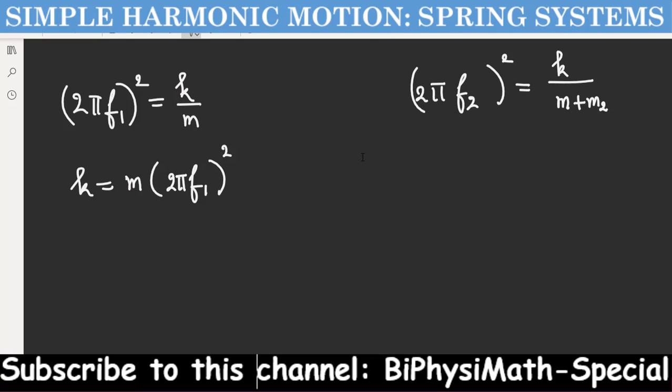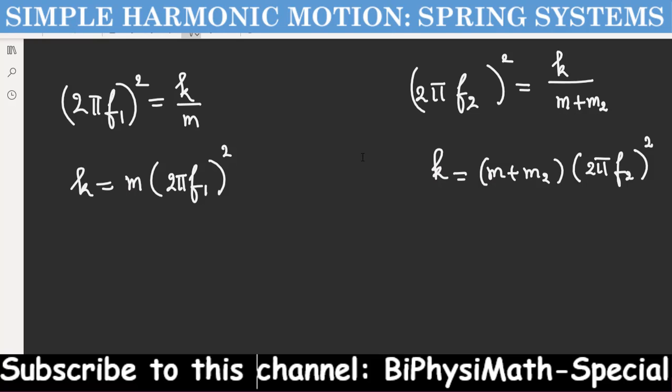Now we find that K equals M plus M2 times 2 pi f2 squared.